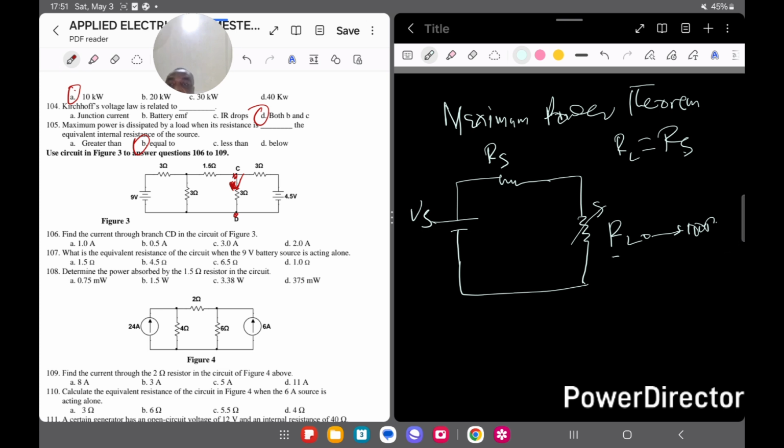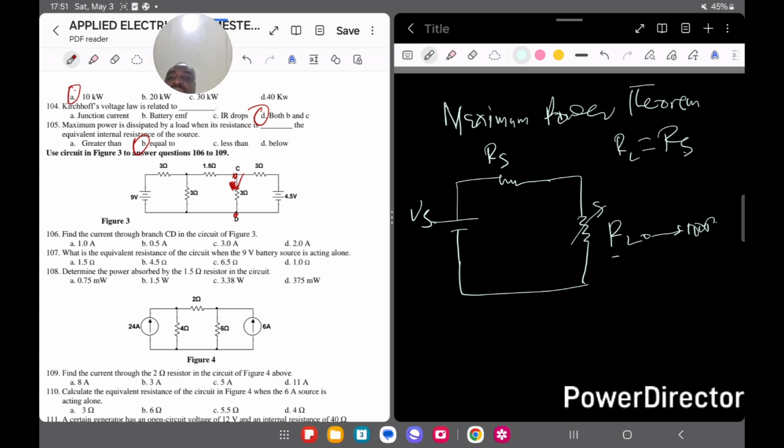With this kind of question, you can use several methods. You can decide to use nodal analysis, mesh analysis, or the branch current method. But you have to choose the most efficient method depending on the circuit diagram given.